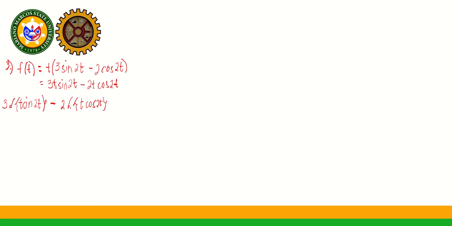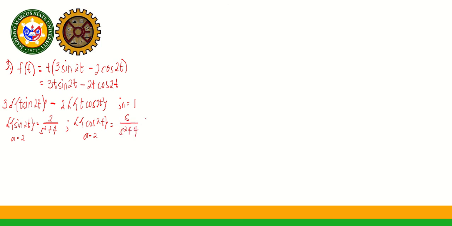So, separately natin silang kunin yung Laplace transform. So, both naman is n is equal to 1. Okay? So, first thing we should do is to get the Laplace transform of our f of t. So, the Laplace transform of sine 2t is equal to, from the table, that is 2 over s squared plus 4. Yung a natin will be equal to 2. And the Laplace of cosine 2t at a equal to 2 is equal to s over s squared plus 4.